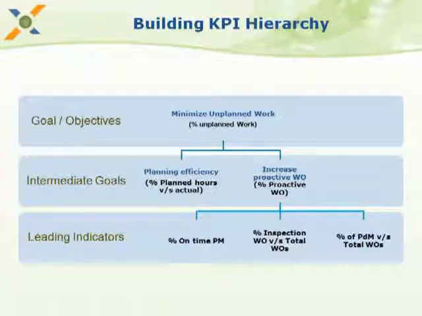In this example, minimize unplanned work can be a lagging indicator. The leading indicators can be percentage on-time PM, percentage inspections, etc. Basically, you are trying to figure out how much work is done proactively. If that is the case, then hopefully your unplanned work will be reduced, or emergency work orders will reduce.